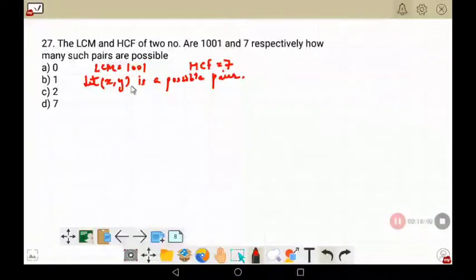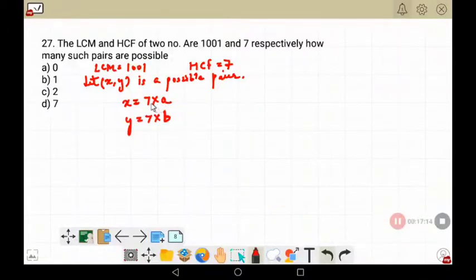Now as you know, x, a number, must be a multiple of 7 into, we don't know what number, maybe a, and y, another number, must be a multiple of 7 but we don't know the next number.